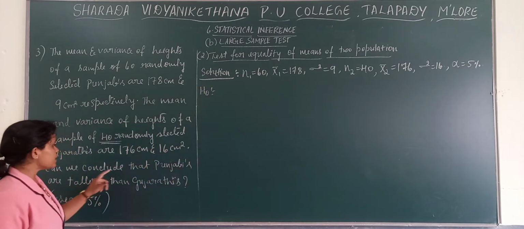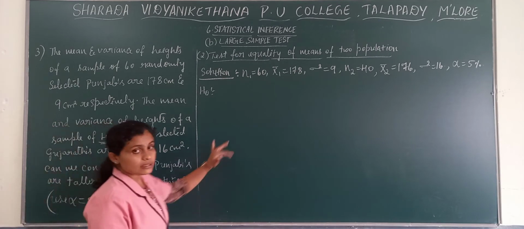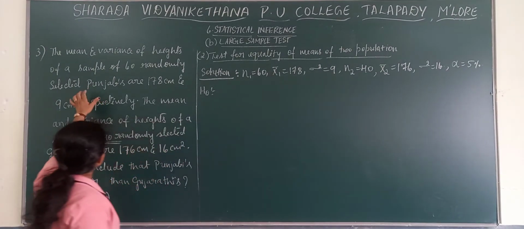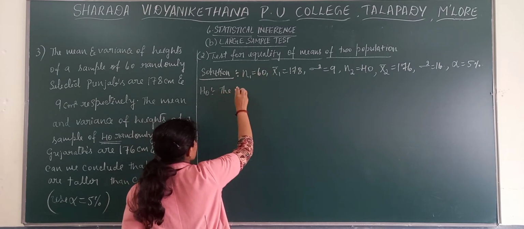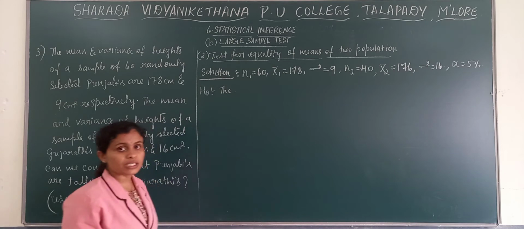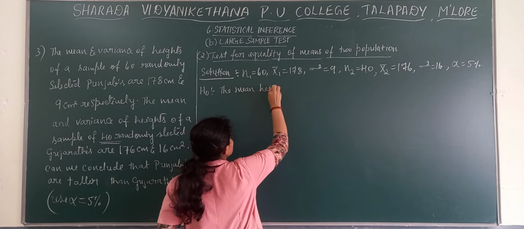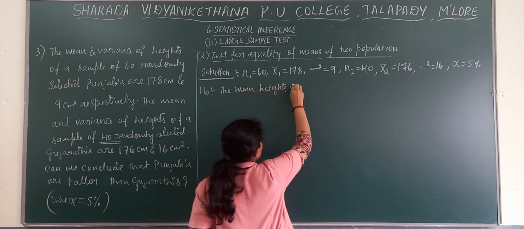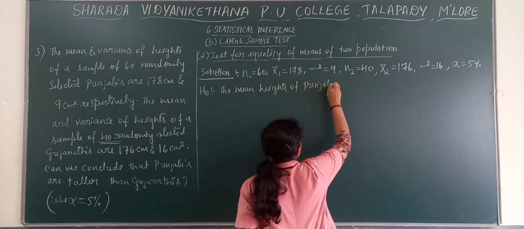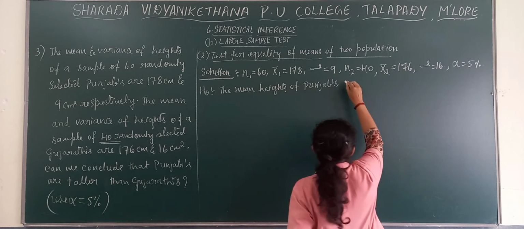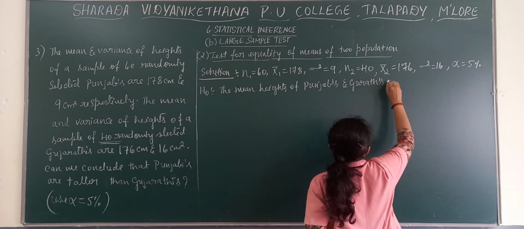Question is, can we conclude that Punjabis are taller than Gujaratis? We'll take the analysis as the average heights, or the mean heights. The mean heights of Punjabis and Gujaratis are equal.